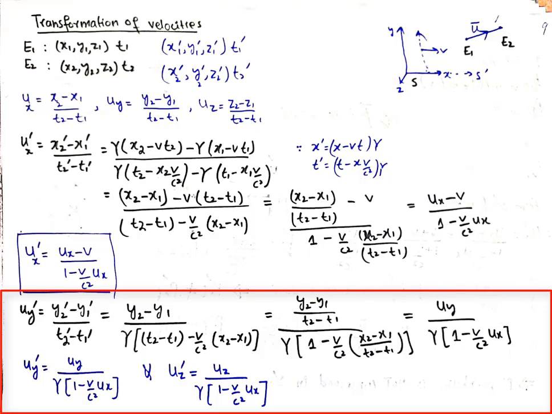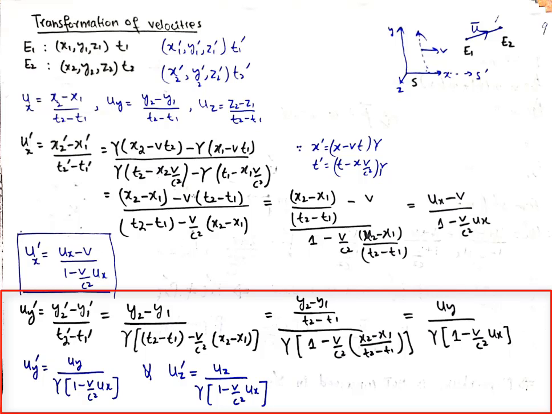But what is this, y2 minus y1 divided by t2 minus t1? By definition this is the velocity component in the y direction in the S frame. Therefore I can write uy prime equals uy divided by gamma times (1 minus v by c squared ux), because x2 minus x1 divided by t2 minus t1 is the x component of velocity in the S frame.